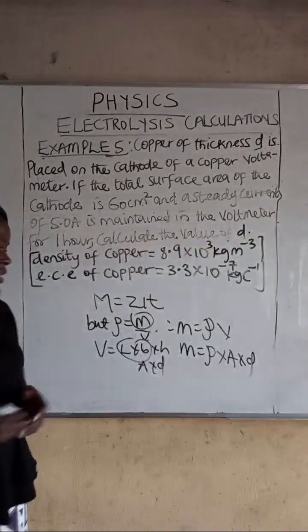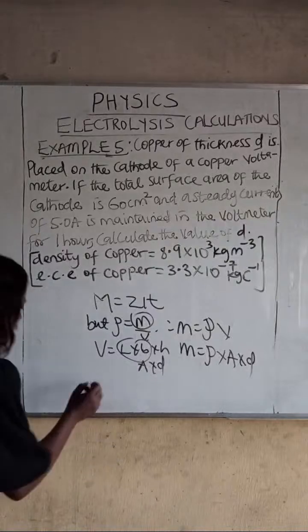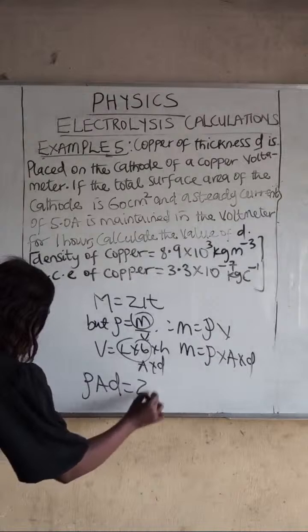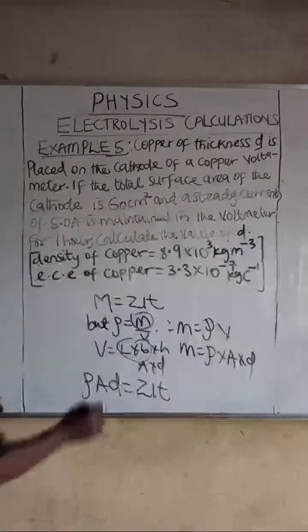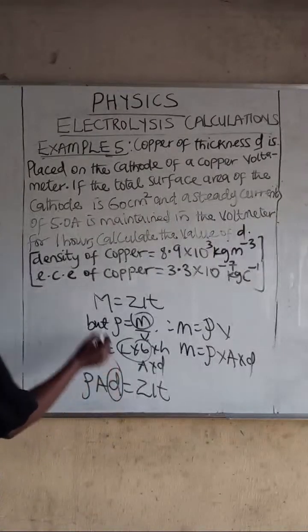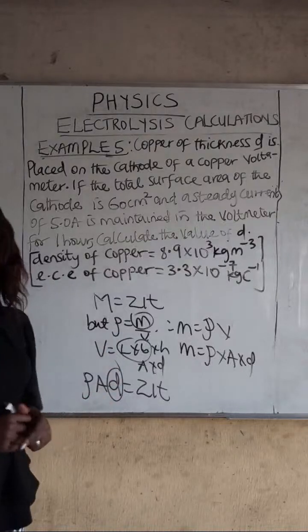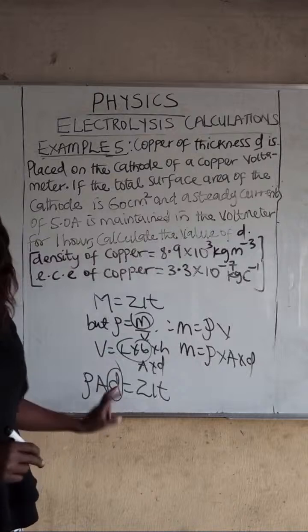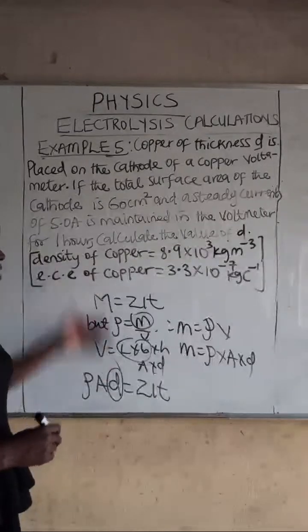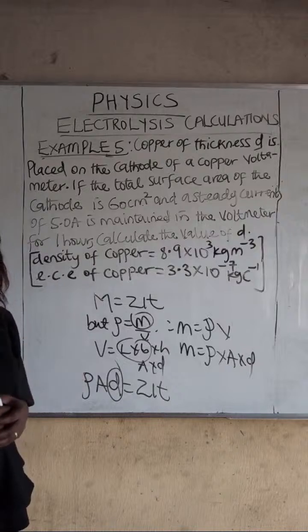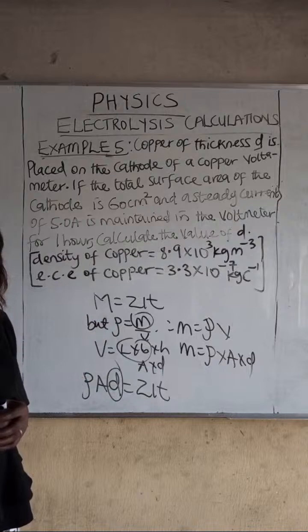I hope you understand. So it's going to be rho A D is equal to ZIt. And what you're looking for in this question is to solve for the thickness, which is D. Do we understand? This was the derivation we did yesterday on electrolysis. Now, this is what you're going to use to solve this problem. Is that okay?